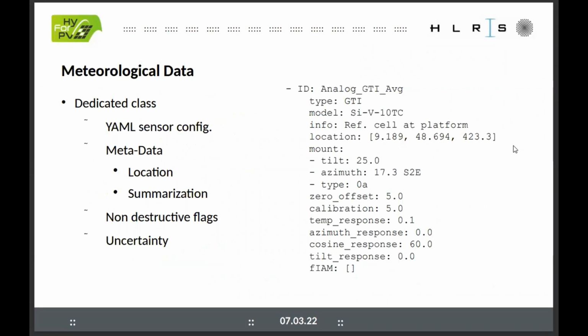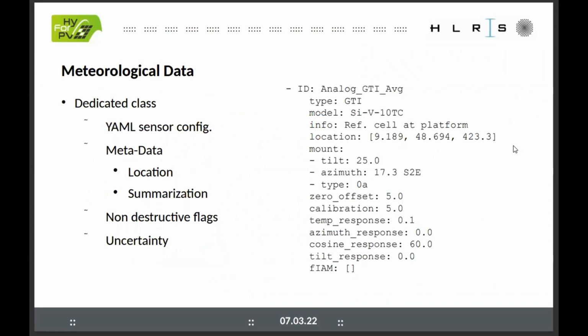The idea is that your class contains metadata for your sensors, including these last parameters that are a parametric model for uncertainty. So your uncertainty is not constant. It could be very much higher when the sun is lower, and include things like temperature, azimuth response.